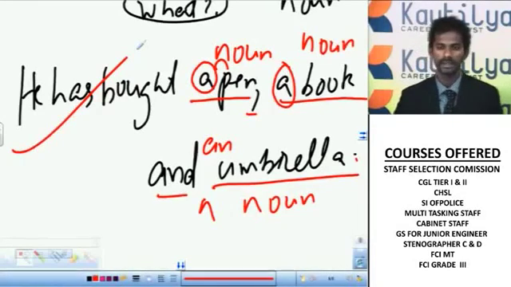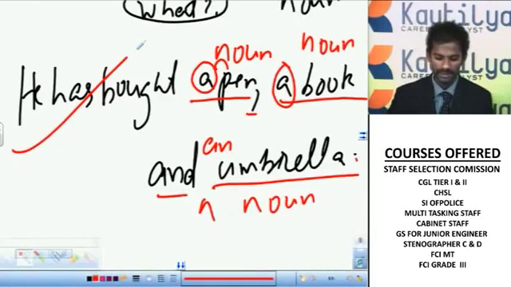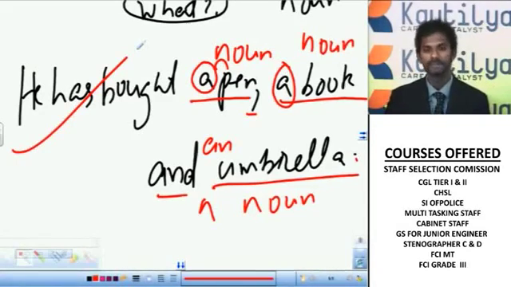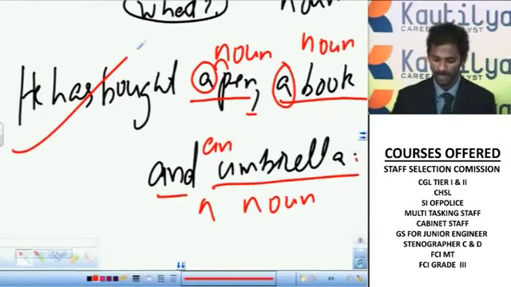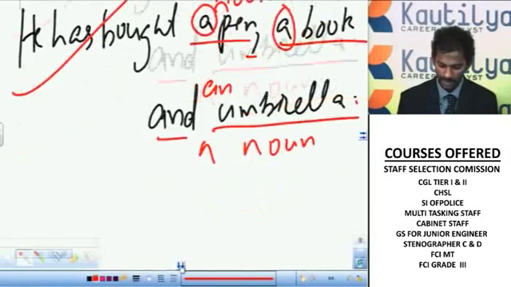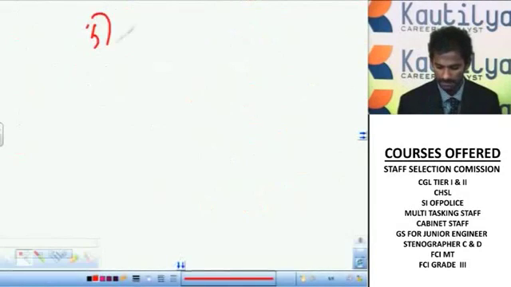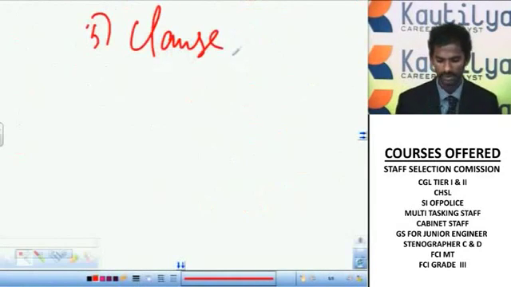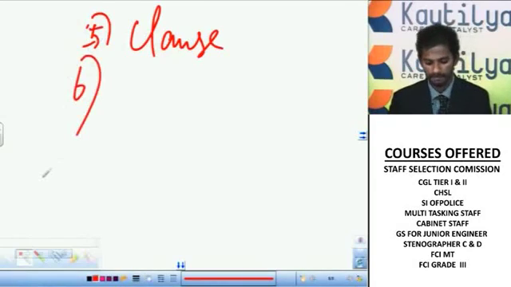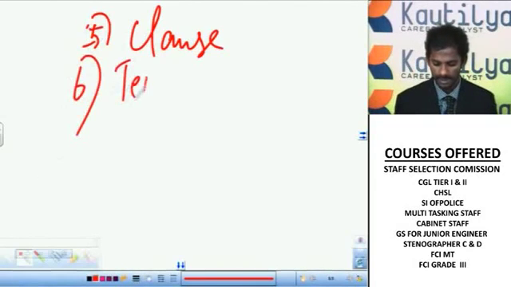First one is gerund. Second one is infinitive. Third is single word. Fourth one is part of speech. Right? Now the 5th concept in parallelism is clause. I'll tell you what. 6th concept is tense consistency.